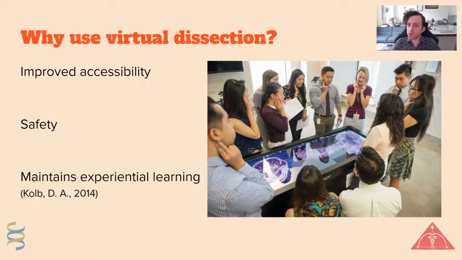There are no issues with sharp injuries, and no issues of chemical spills in a lab environment. Again, it feeds into that safety and accessibility theme. It's just a lot easier for students to get a similar experience without any real risks being associated with it.